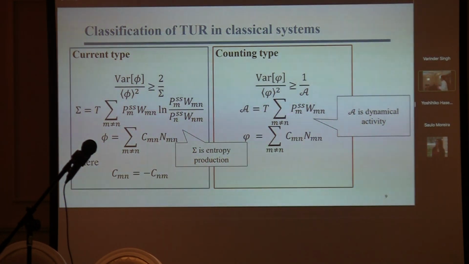The other one is known as the counting type, often referred to as KUR, the kinetic uncertainty relation. The counting type is given by this one, and A is known as the dynamical activity and quantifies the average number of jumps within a given time window. In this case, there is no restriction on the weight matrix C_MN, so this type is more general than the current type.